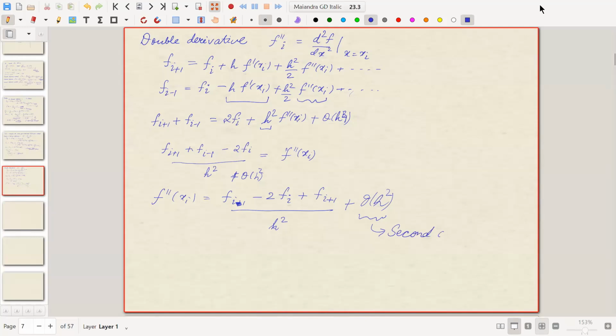And there is a name for this formula. What is the name? Since you're using 3 points, you're using f(i-1), f of i, and f(i+1) in order to compute the double derivative, in order to find the double derivative, hence this is known as a 3-point formula.